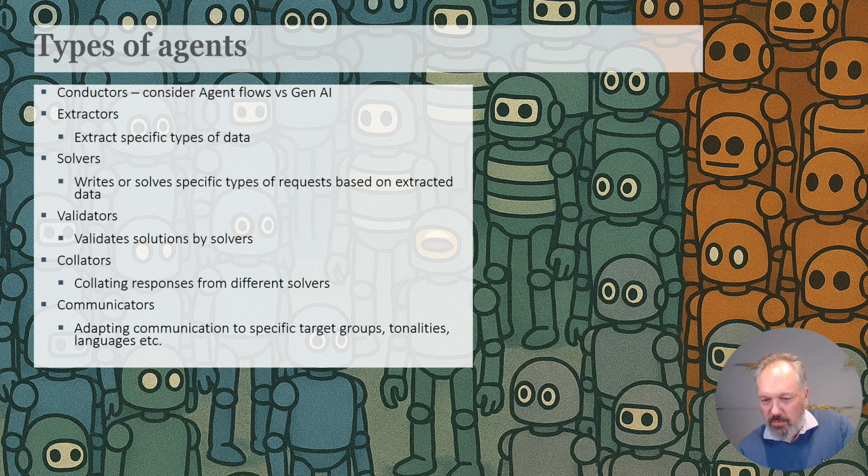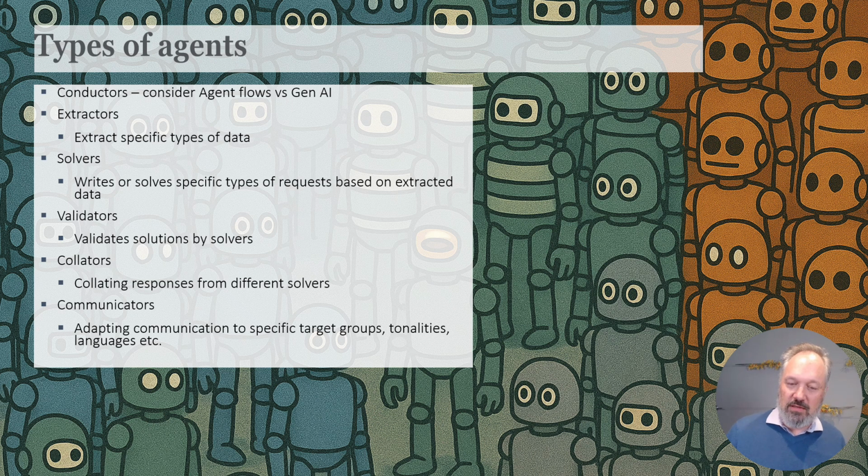Sometimes you have the one group and sometimes you have the other, and the tonality might need to be a bit different. Maybe you're communicating in Swedish one time and German the other, and hence you need to have different ways of communicating. And these are some types of agents, and I think we can probably figure out 5 more if we just sit around and talk a little bit.